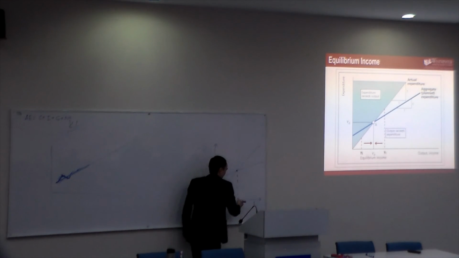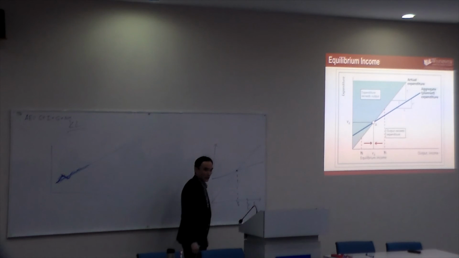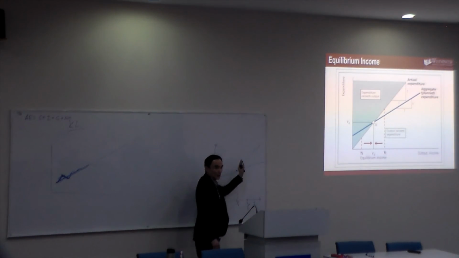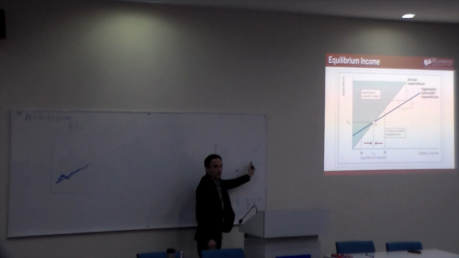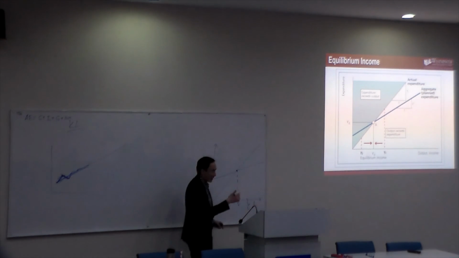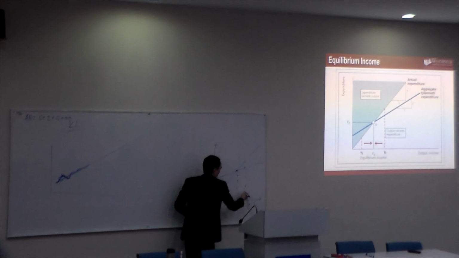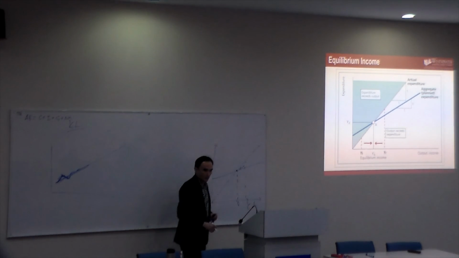If income level is higher than the equilibrium point, then we know at this moment companies and firms are producing more than demanded, right? If it's more than demanded, it means that they will be building inventories. Which means they are going to cut down their production, and again, the economy is going to go back to its equilibrium point.